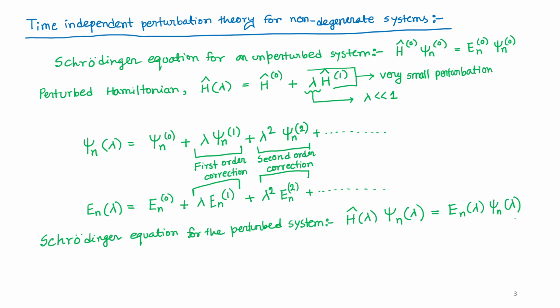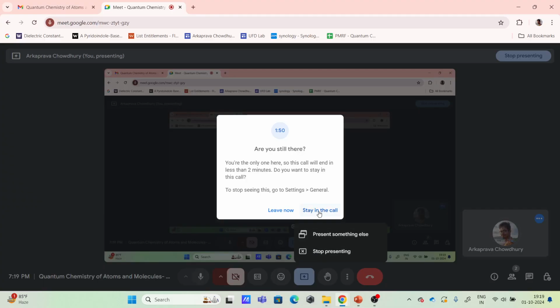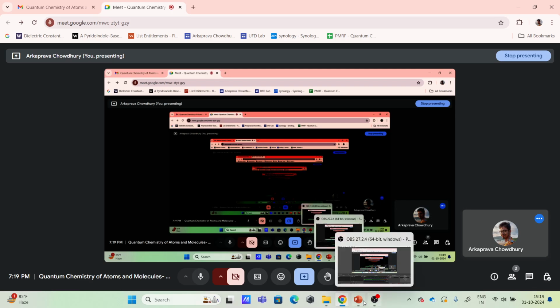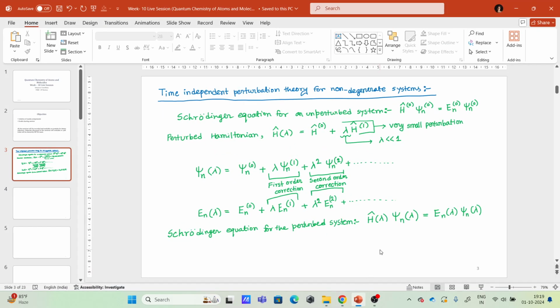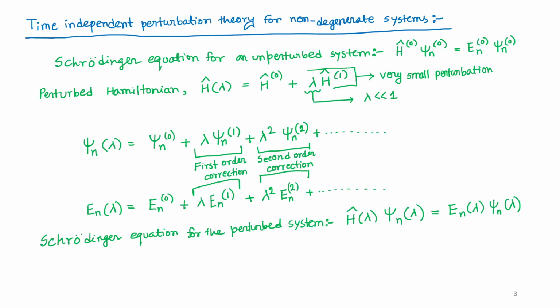Now what we will do, we will put individual values there. Okay, so I will go to the next page maybe. So I'll go to the presentation mode and we will do it one by one.